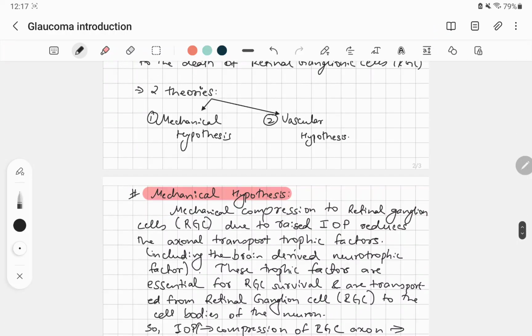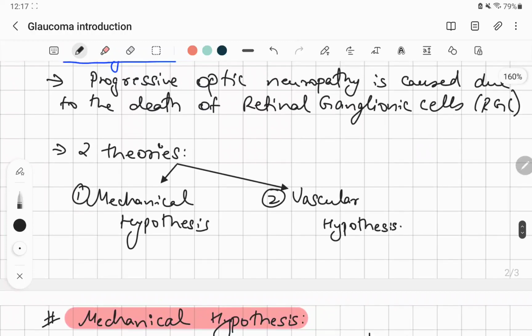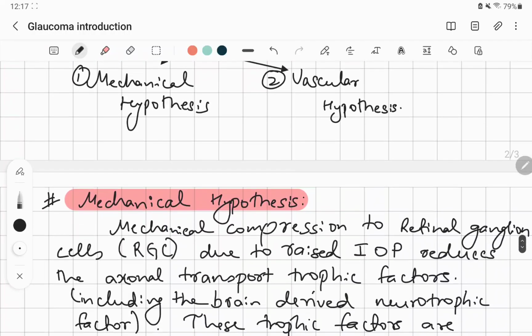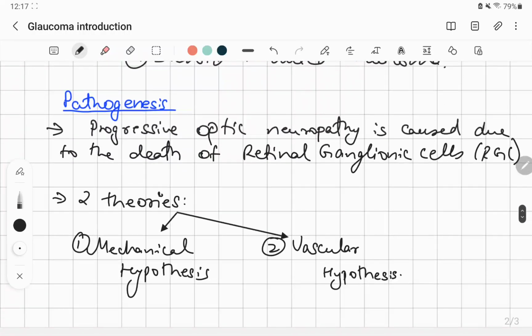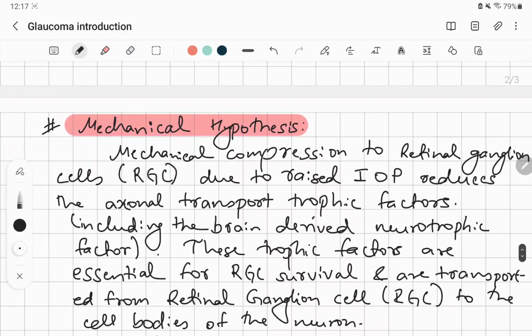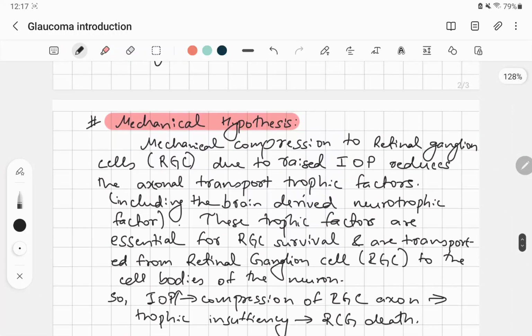There are two theories, the mechanical hypothesis and the vascular hypothesis. That's the pathophysiology of the pathogenesis of glaucoma. So what does the mechanical hypothesis say? It says that mechanical compression of the retinal ganglion cell due to raised intraocular pressure reduces the axonal transport of trophic factors. Let me try to make it clearer. In the retinal ganglion cells there are transport trophic factors.